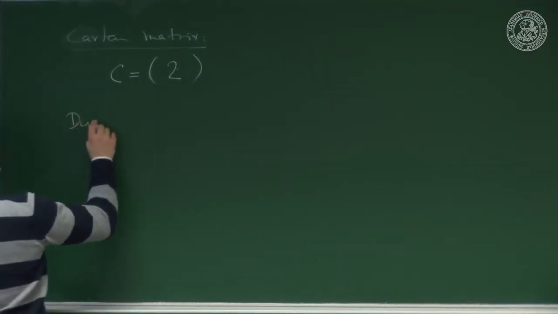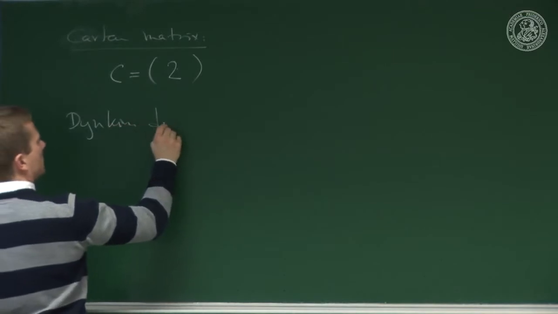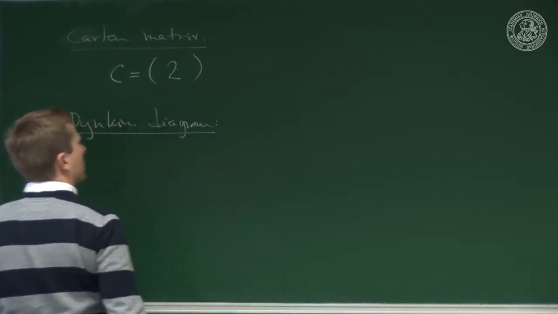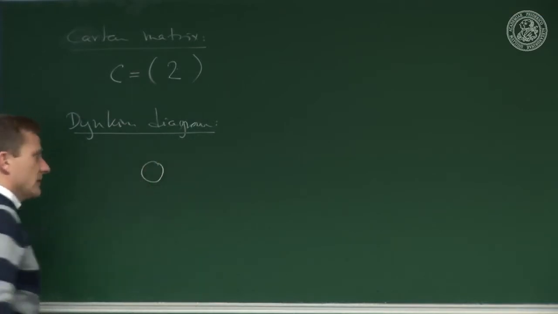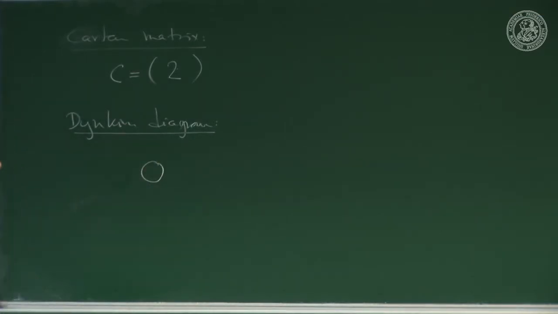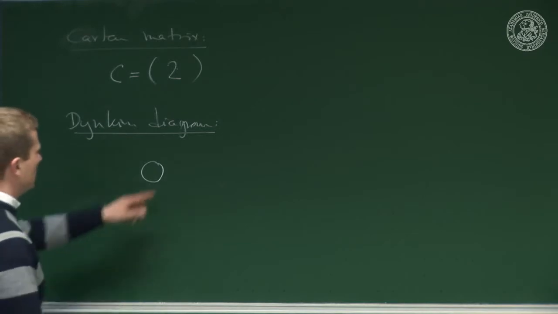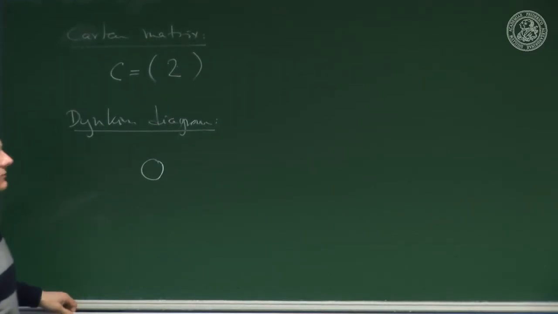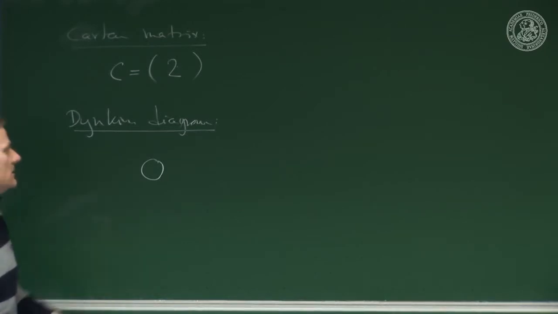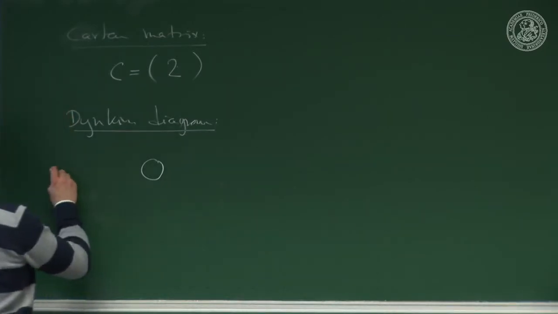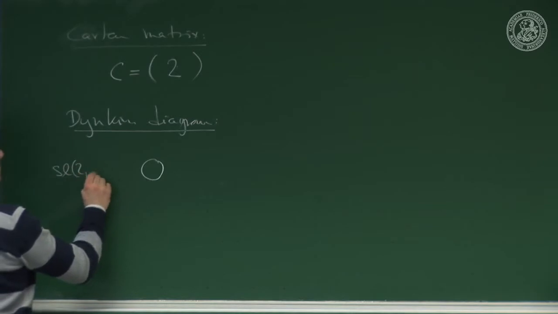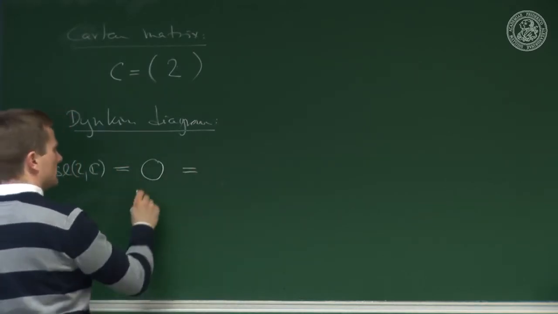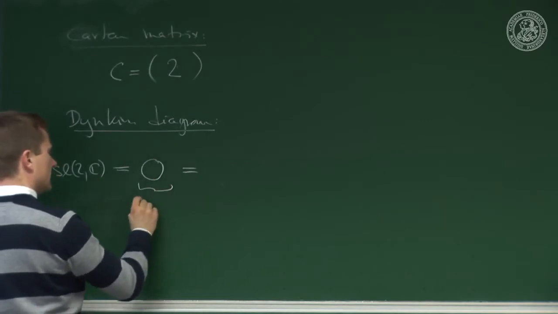And the Dynkin diagram is also particularly simple. The Dynkin diagram we have here is, of course, just a circle, because the Dynkin rules instruct us to draw a little circle for every fundamental root. Well, the fundamental root space is just one element. That's the Dynkin diagram. And so that means that SL2C has this Dynkin diagram.